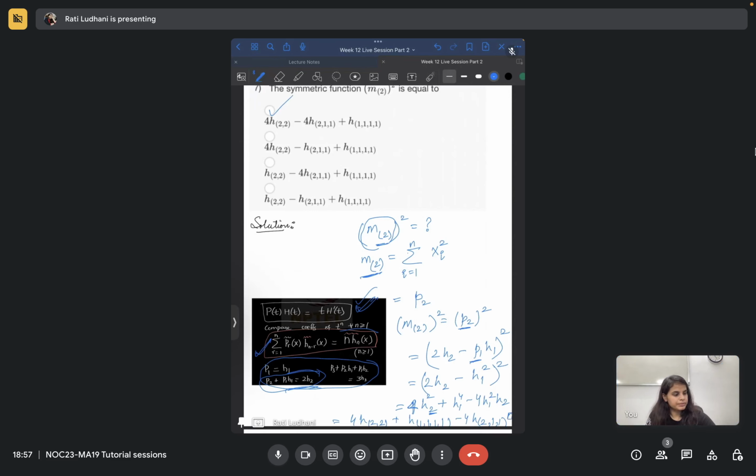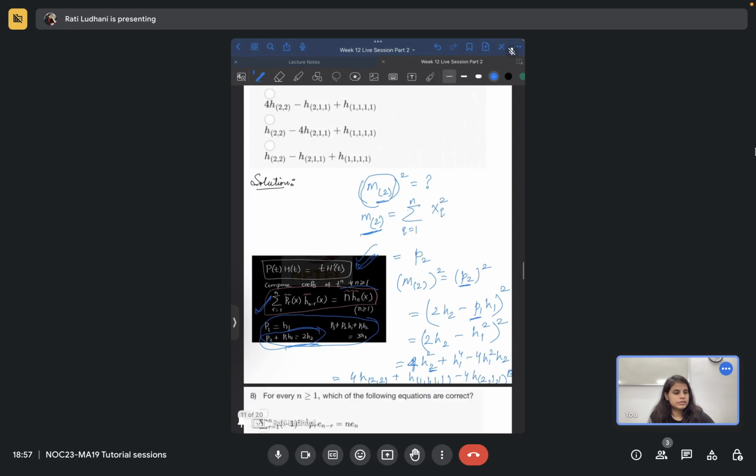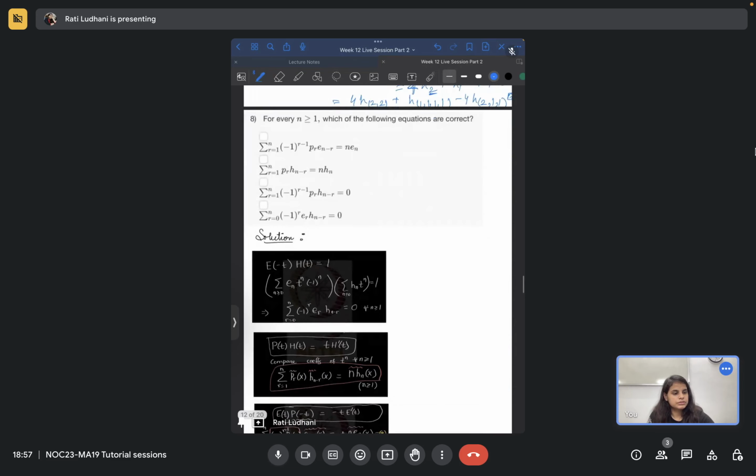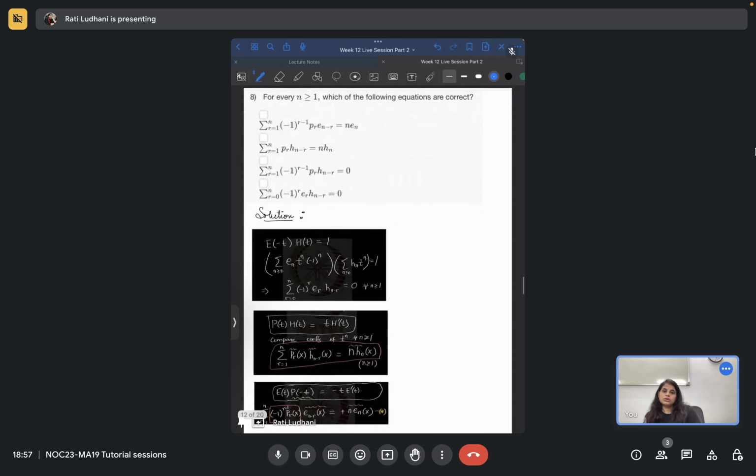Okay, great. So let's see the next question then. For every n greater than or equal to 1, which of the following equations are correct? I kept the generating function formulas again because this is directly from there. The relation is E(-t)H(t) equal to 1.